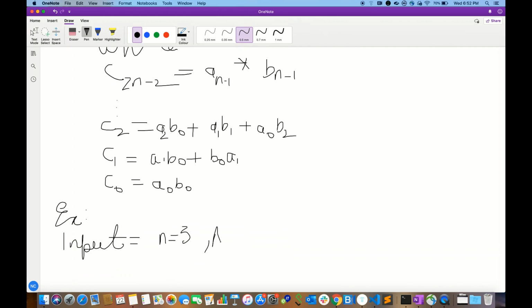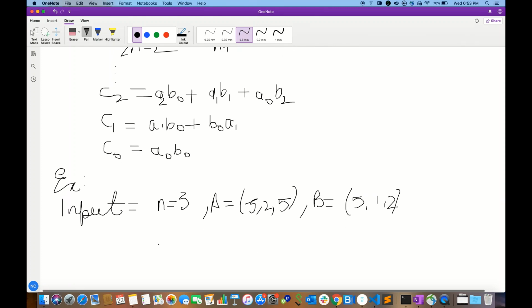A will have the coefficients with the values 5, 2 and 5 respectively, and B will have the values 5, 1 and 2 respectively. So the equation A and B will look something like this.